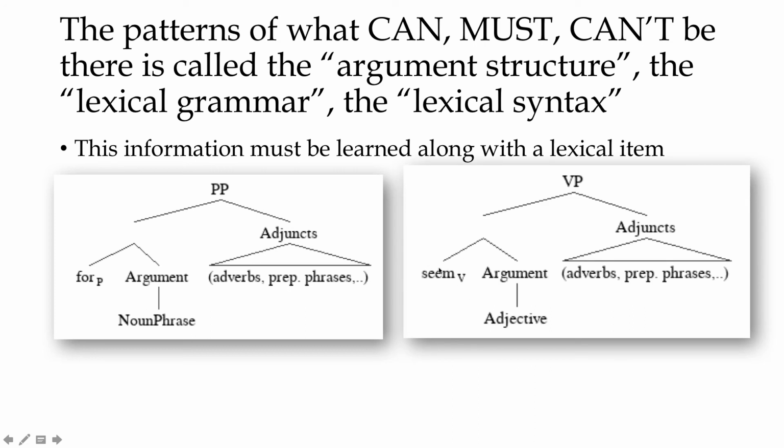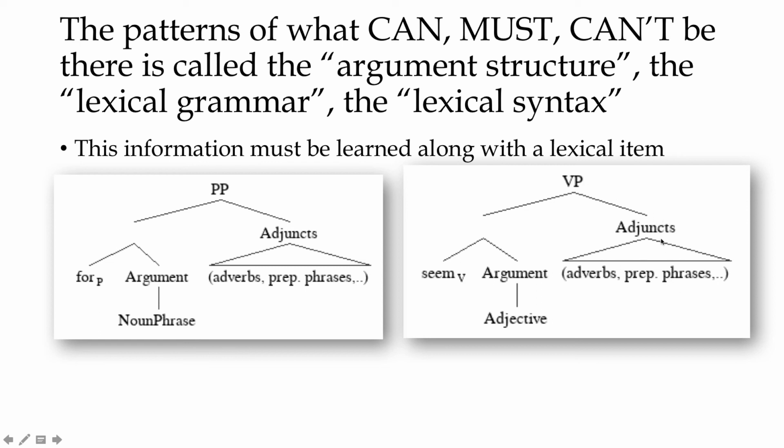In order to learn the verb seem in English, I would know that there has to be something which appears right after it. One of those options could be an adjective, like seemed blue, seemed down. I could put a prepositional phrase as an argument here. Seemed like a clown, seemed like a good idea. And then there's lots of other things, adjuncts. I could put like for a little while, or the way that I thought it would, or some other kind of clause or adverb or prepositional phrase.